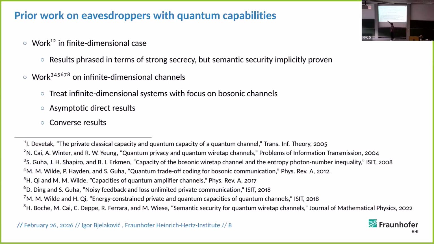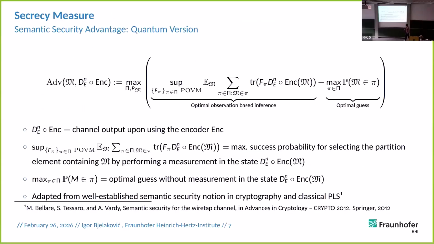The first one is by Igor Bjelaković, and the second one is by Chai, Winter, and Young. They state their results for strong secrecy, but if you look at the proofs, what they actually prove is semantic security, 10 years before this definition was given.